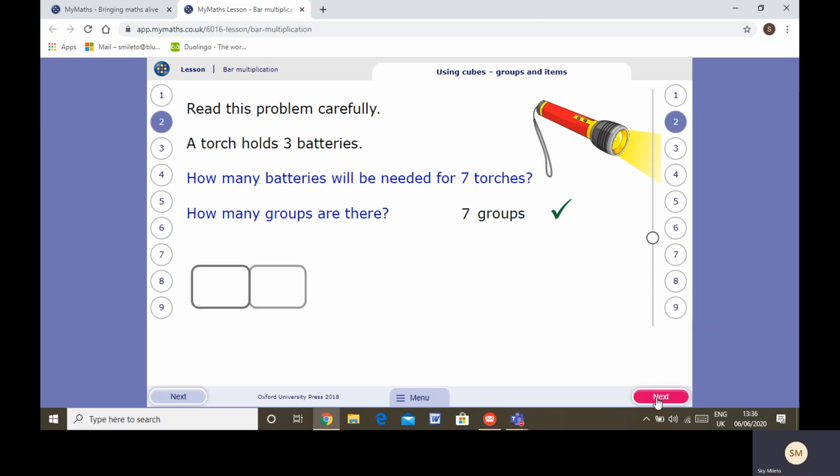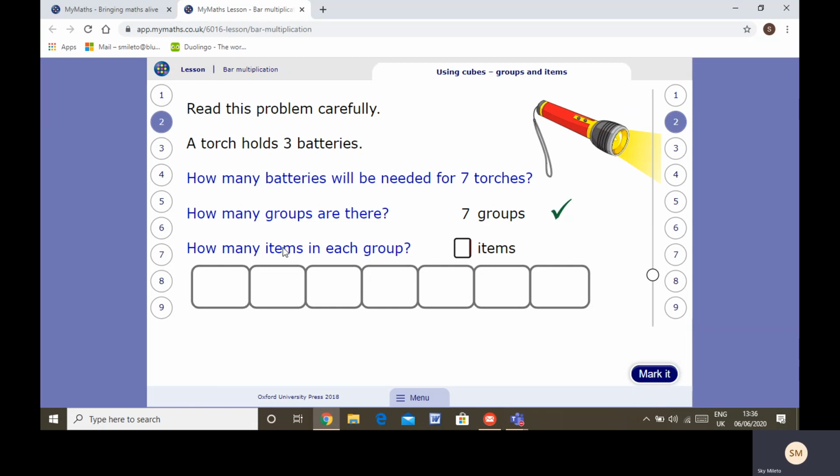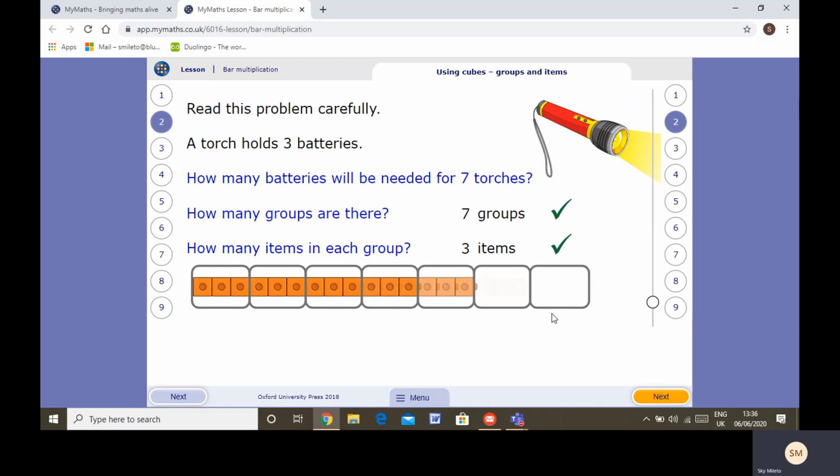And then we need to think how many batteries are going into each torch. There are 7 groups of what? In each group, there are how many items? 3 batteries. So there are 3 items in each torch, and we can put them into the box and add them up. 3 times 7 is 21.